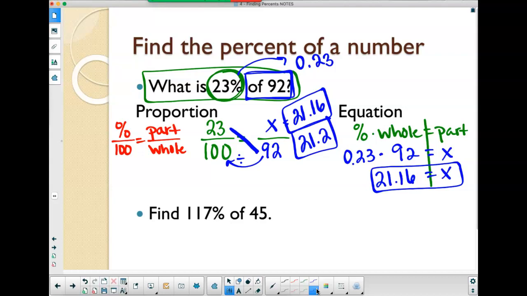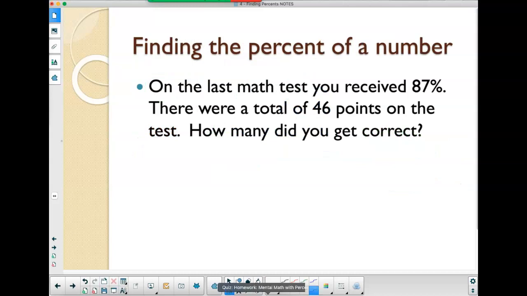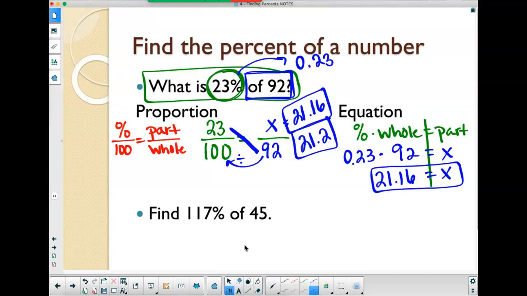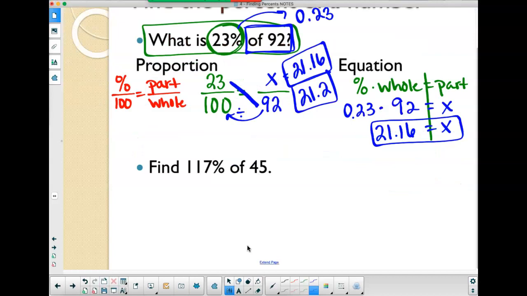Okay, so I want you to try the next one. Find 117% of 45. You set it up however you want. Oops. I'll go back to that, sorry. 117% of 45. Those of you at home, when you think you've got an answer, type it in the chat.